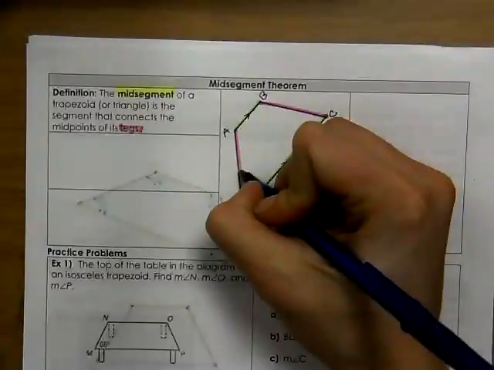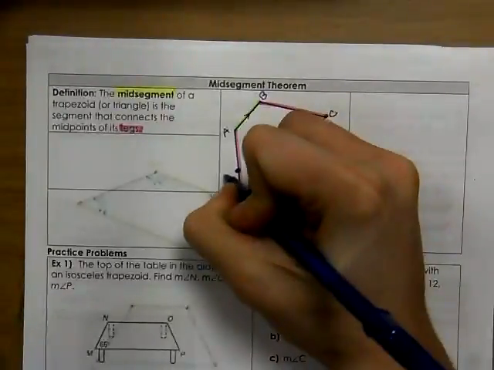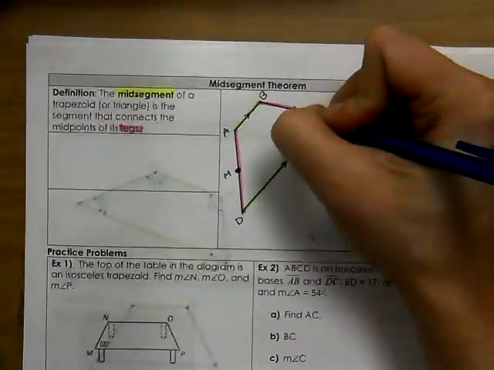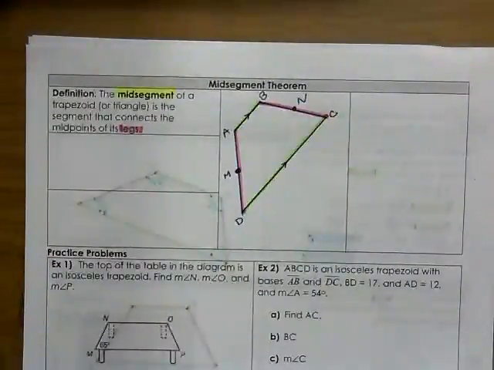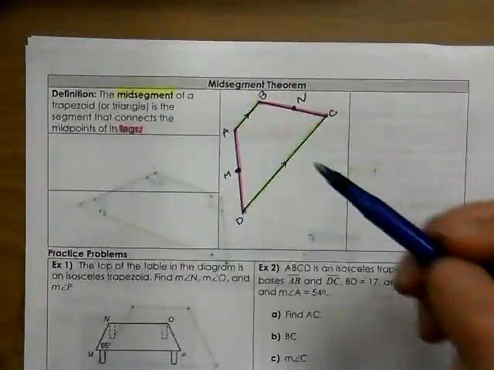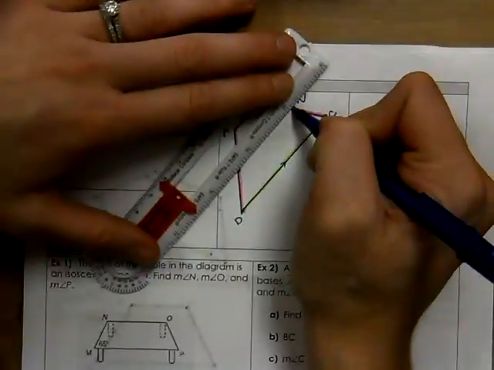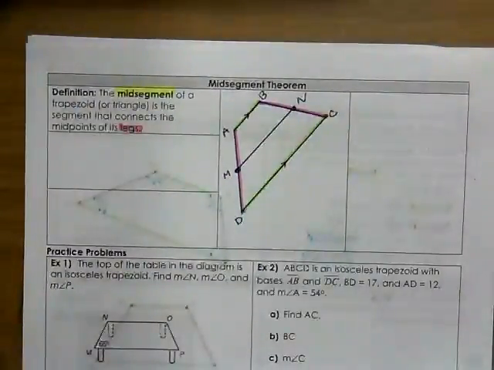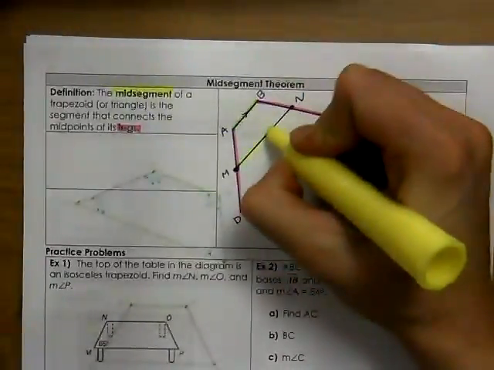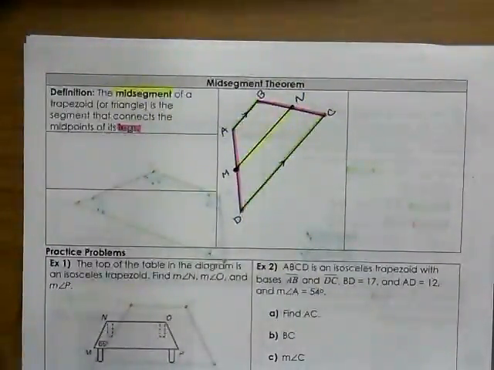If we have the midpoint of AD, I'm going to label M, and the midpoint of BC, I'm going to label N. If we use our definition of a midpoint, we can think about a couple things here that we can conclude about the midsegment. So I'm going to draw in this guy right there. This guy in yellow is our midsegment. What I want you to do right now is try and write down anything you think you can conclude about this picture based on what we have written.